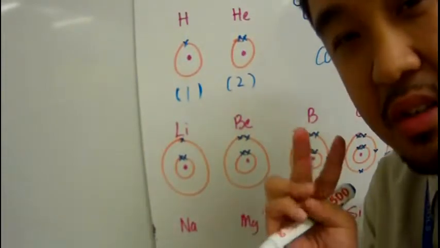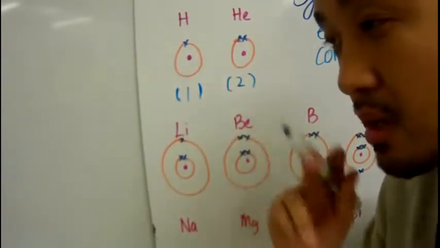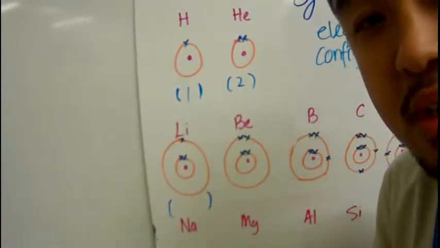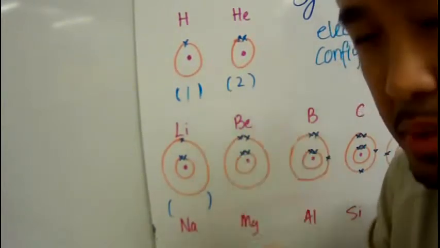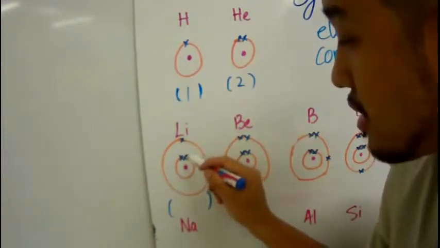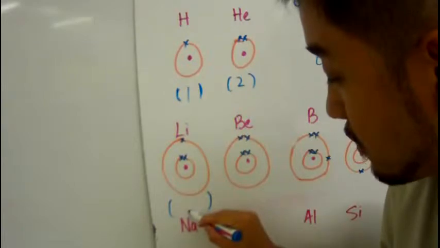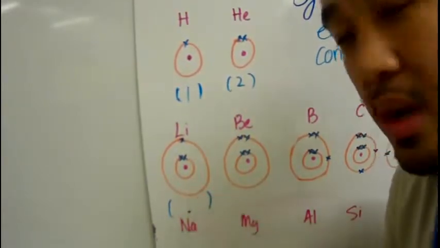Lithium has 3 electrons, 2 on the first energy level and 1 on the second energy level. Now, to draw the electron configuration, you first need to put in a symbol to indicate that there are 2 energy levels here. And the common way of doing it is to put a dot to split the 2 energy levels.